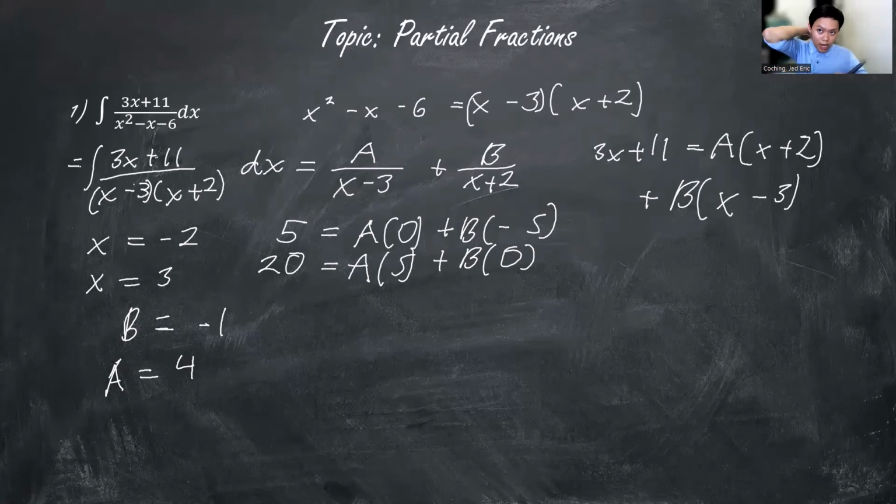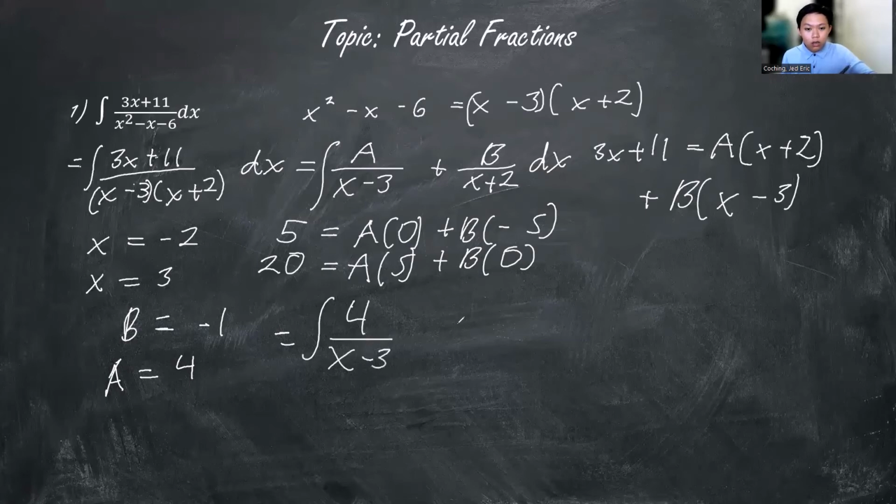And after doing that, we can just substitute this back into the integral dx. So it's going to be 4 over x minus 3, minus, as this is negative 1, 1 over x plus 2 dx.